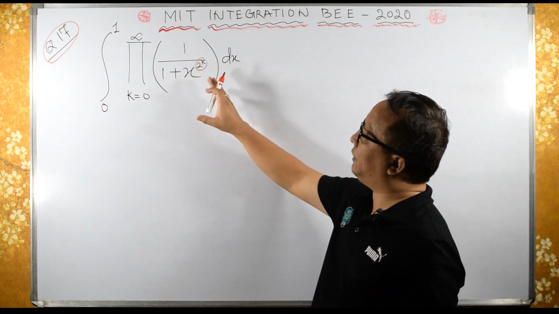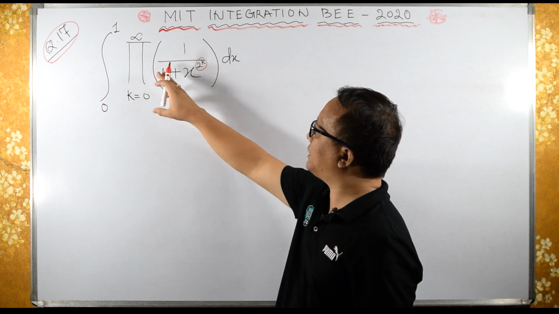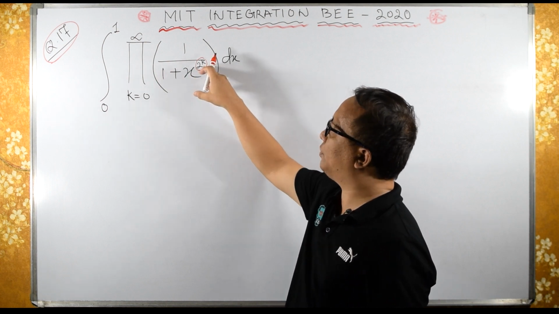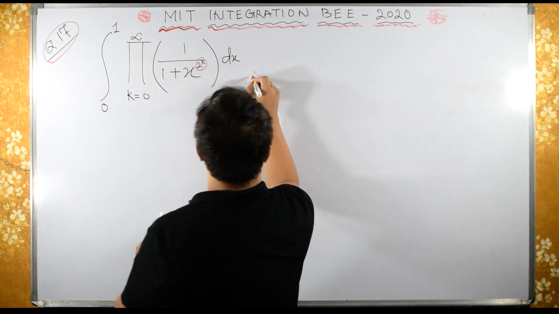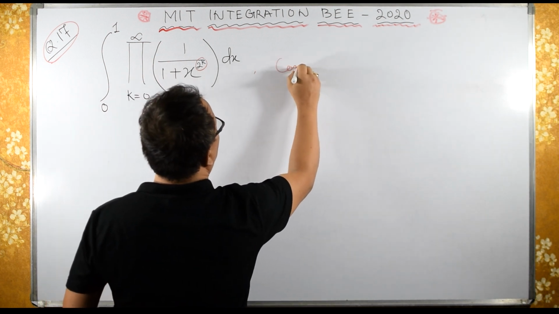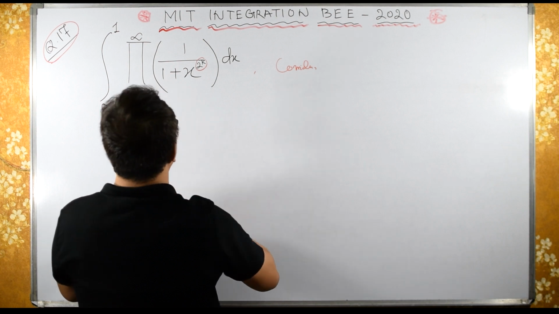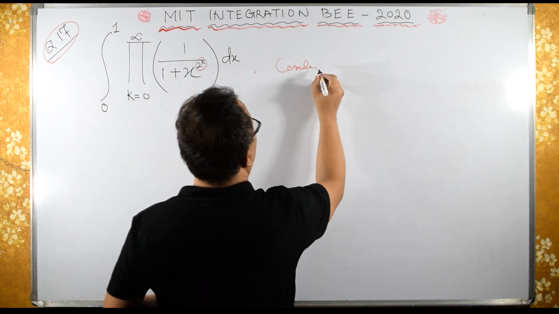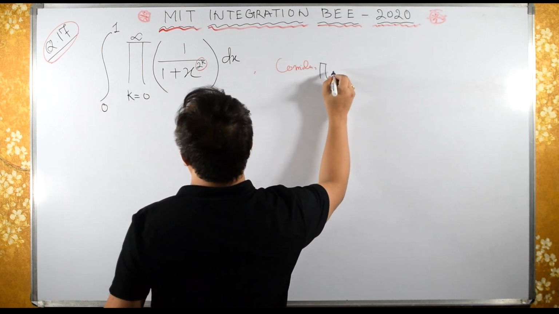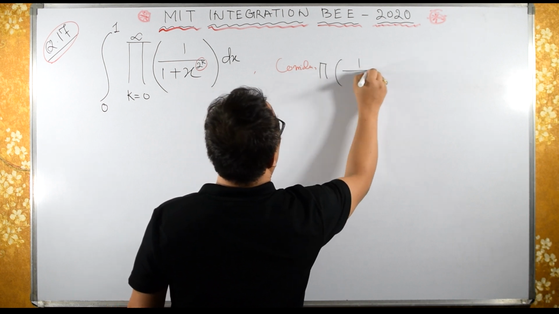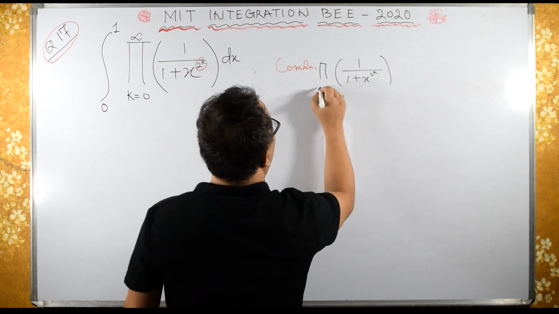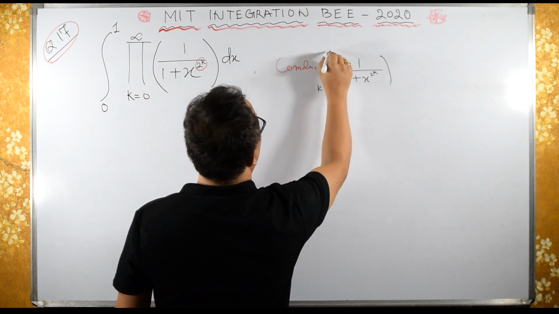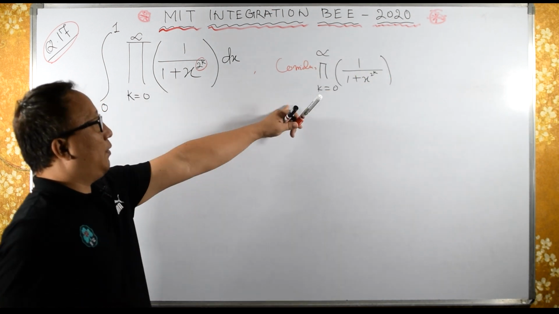Now let's consider only this part. Let's consider 1 plus x raised to 2k, when k goes from 0 to infinity, with the product. Let's consider this product of 1 upon 1 plus x raised to 2k, where k goes from 0 to infinity. Now let's substitute.